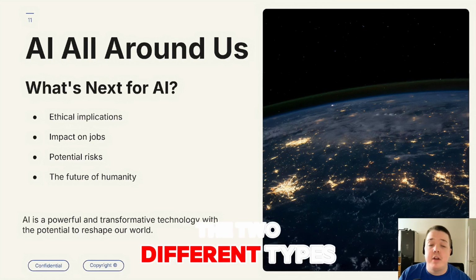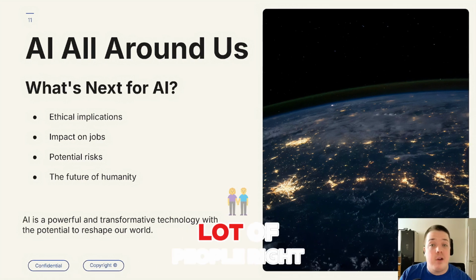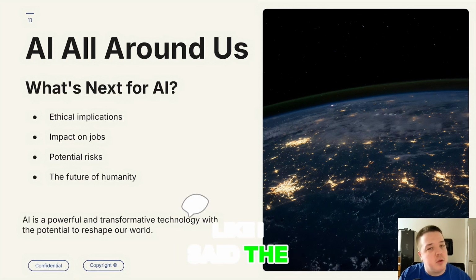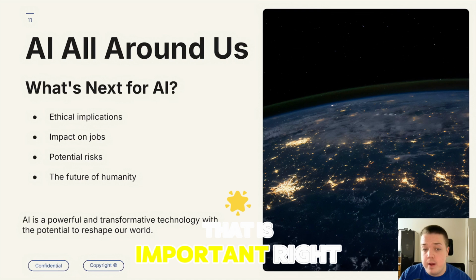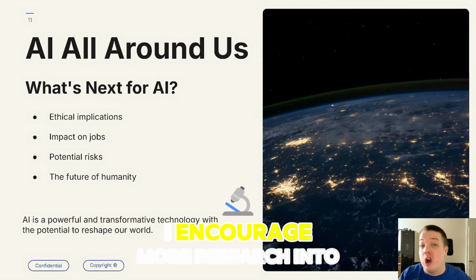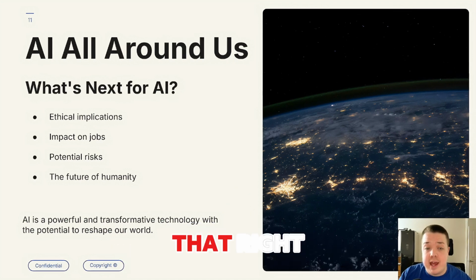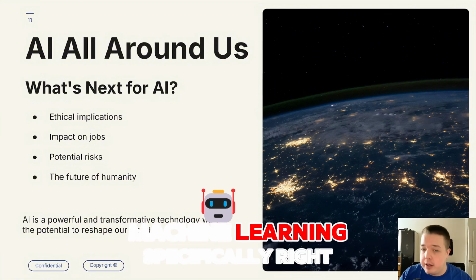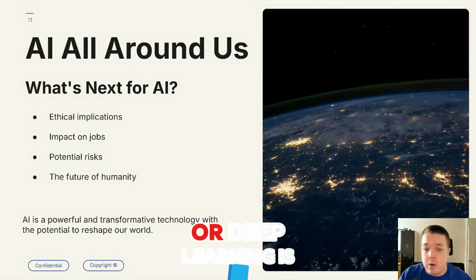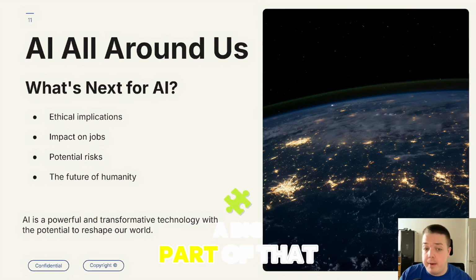The two different types of AI is a big thing for a lot of people, right? Like I said, the robots aren't taking over yet, but how we build that is important. All of the different fields, I encourage more research into that, like learning more about machine learning specifically, or deep learning is a big part of that.